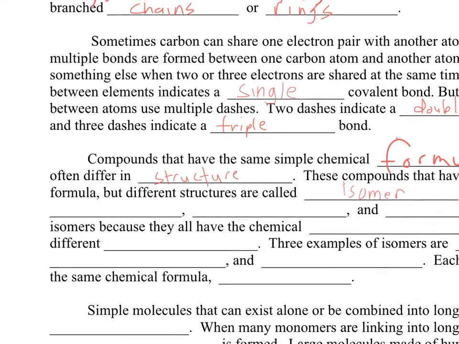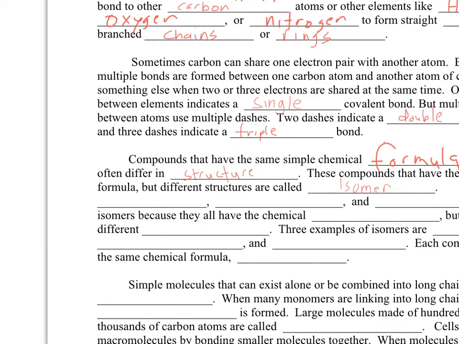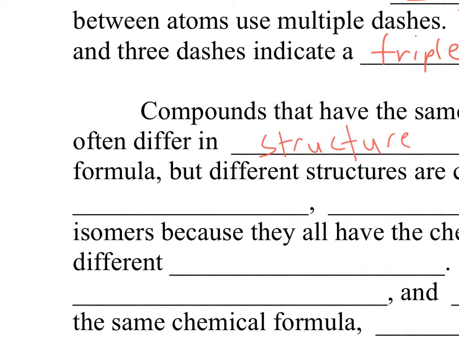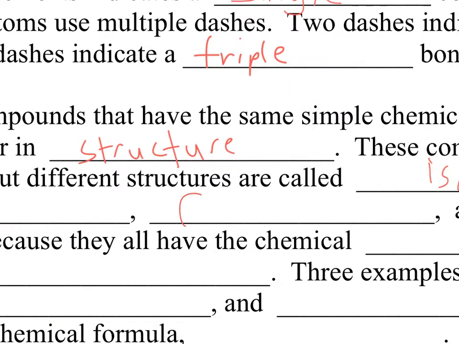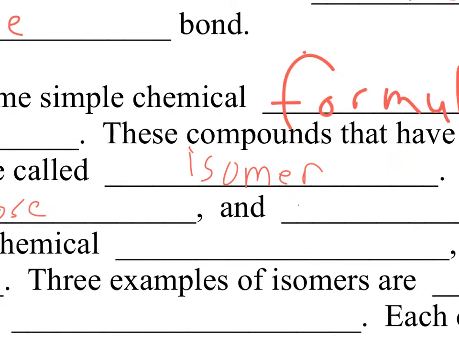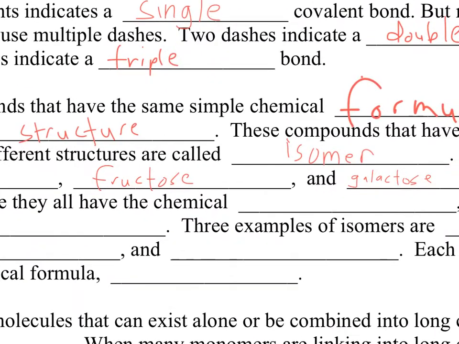And it says blank, blank, and blank are isomers because they all have the same chemical blank. So what were the 3 examples I gave you of isomers of each other? Glucose, fructose, and galactose. Sounds like it's from outer space. Because they all have the same chemical formula.